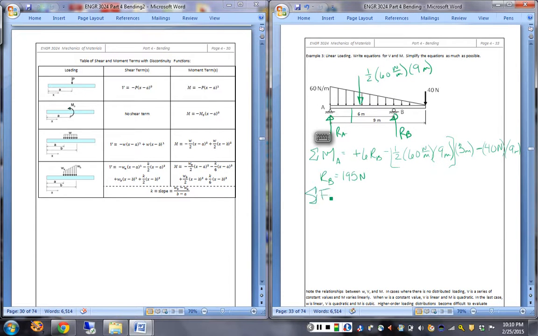Taking that into the y equilibrium, we have a positive RA plus 195 newtons minus the equivalent force from the distributed load, and we see that RA has to equal 115 newtons.